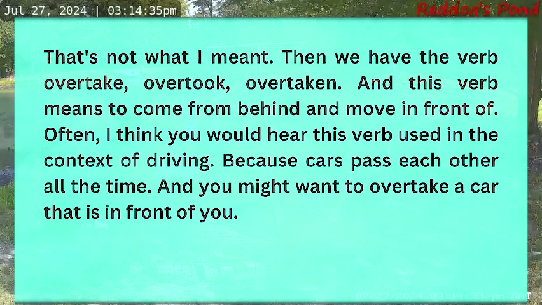Then we have the verb overtake, overtook, overtaken. And this verb means to come from behind and move in front of. Often, I think you would hear this verb used in the context of driving, because cars pass each other all the time, and you might want to overtake a car that is in front of you.